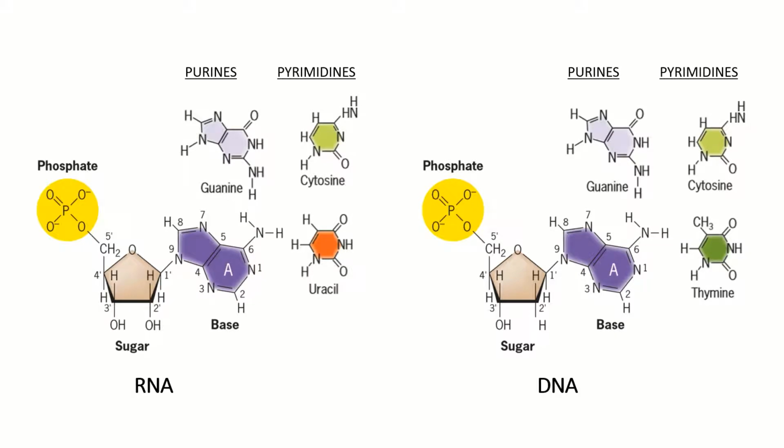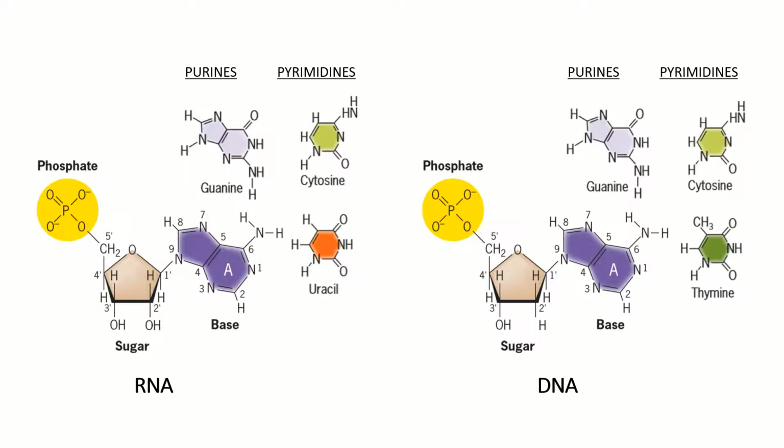For each of these two types of nucleic acids, RNA and DNA, 4 types of nucleotides may be used to build up the polymer. For RNA, those would be a phosphate group, a sugar, and then a base.